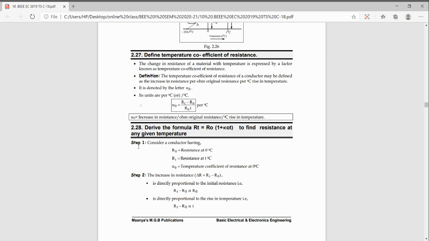Now, what is the temperature coefficient of resistance? What is its definition?